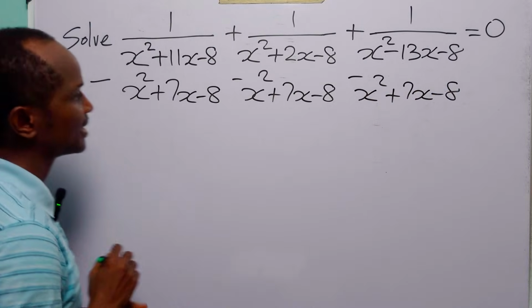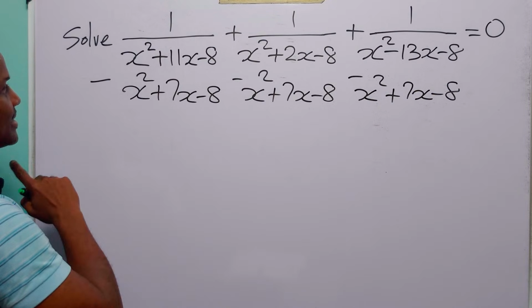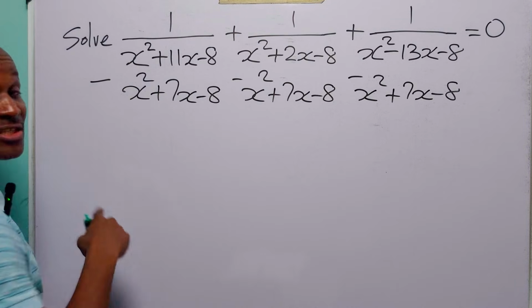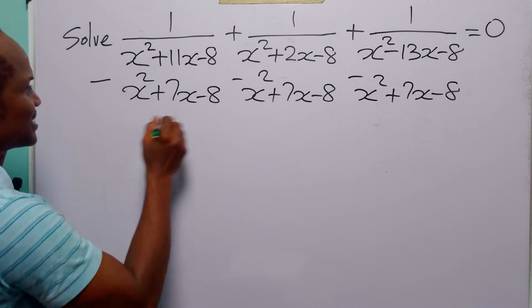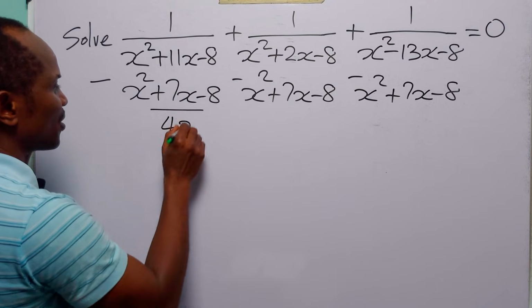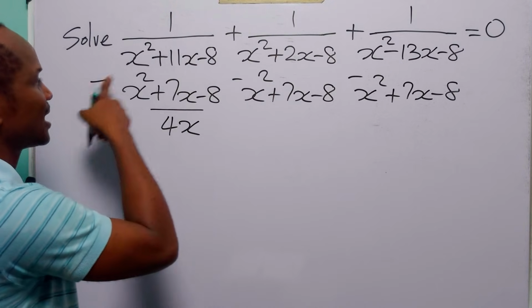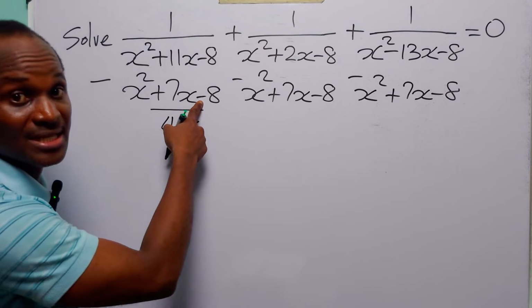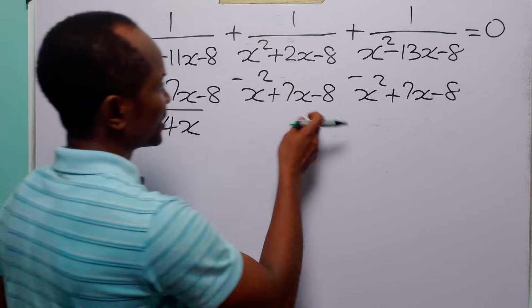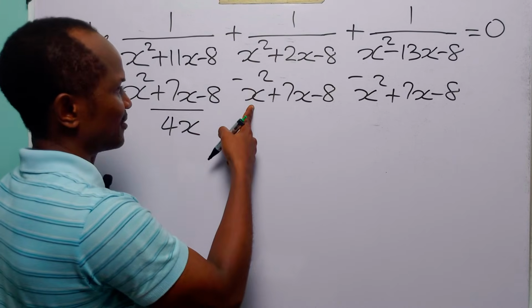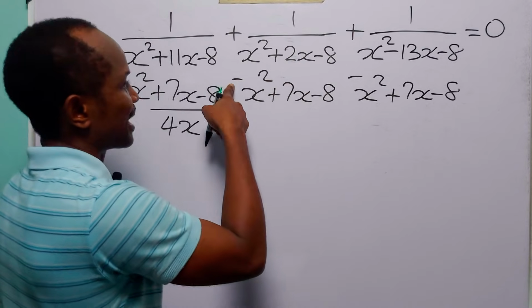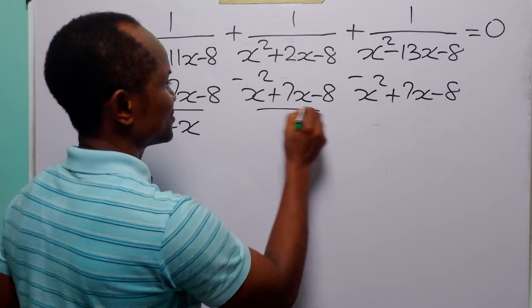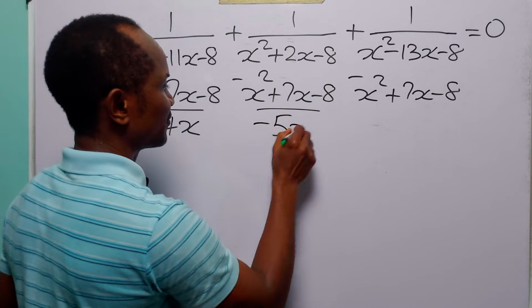Now, in this case, x squared minus x squared, of course, is equal to 0. 11x minus 7x is going to give us 4x, and minus 8 minus minus 8 is going to give us 0. In this case, this minus that is 0. 2x minus 7x is going to give us minus 5x.